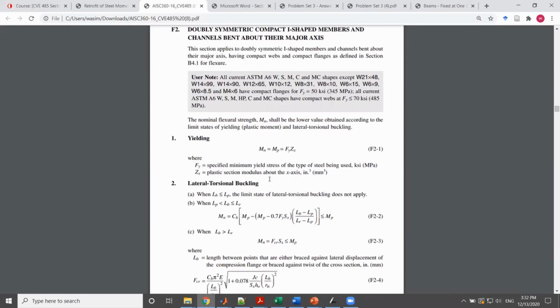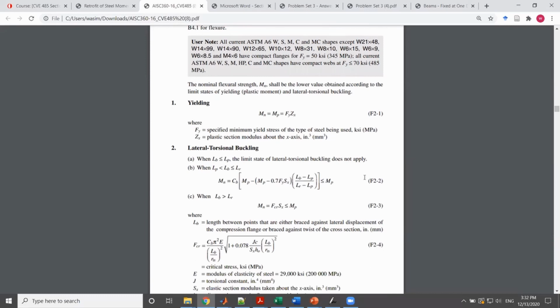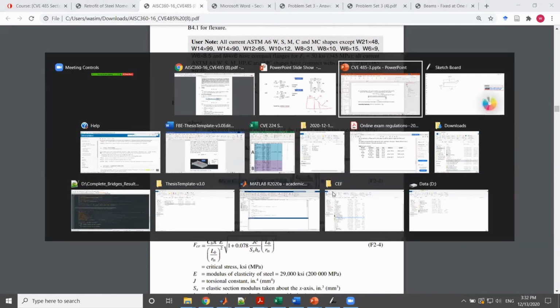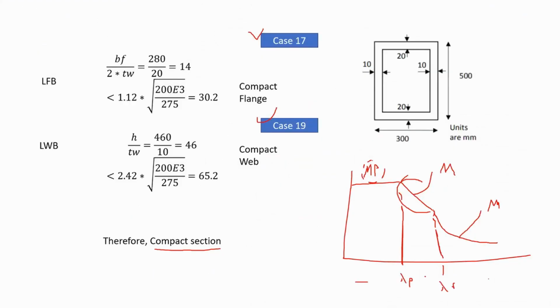All right, so you can see, for instance, we have the equation F2-2. Now it is given to you that Mn is equal to this equation, and that applies to which part of the graph? This would apply to this part, equation F2-2.